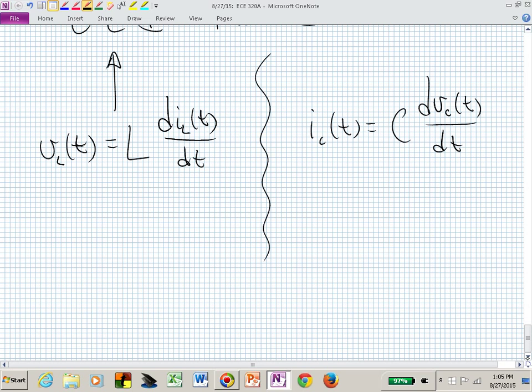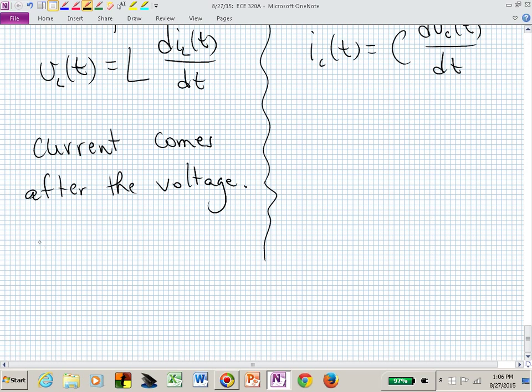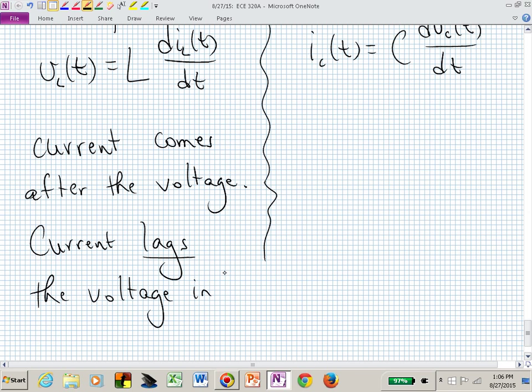Let me write that down. The current in Eli, in that expression, comes after the voltage, which we will probably just say, oh, the current lags the voltage in an inductor.